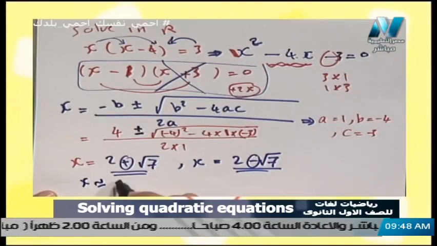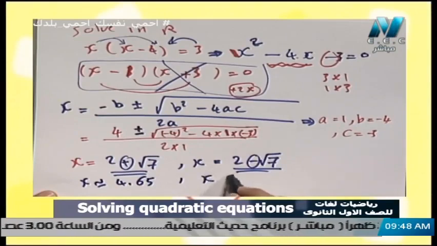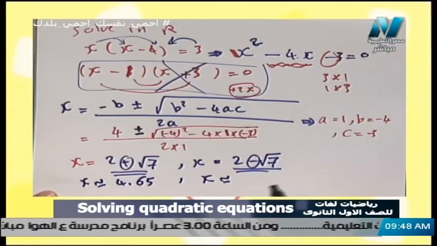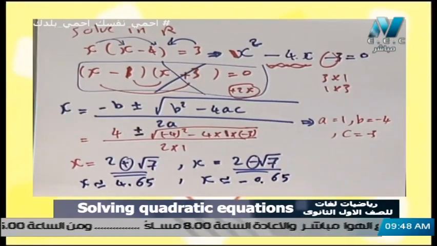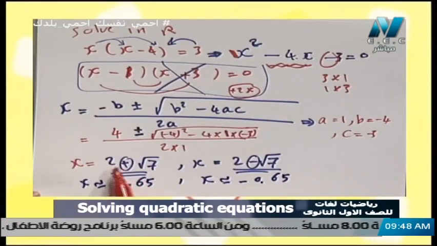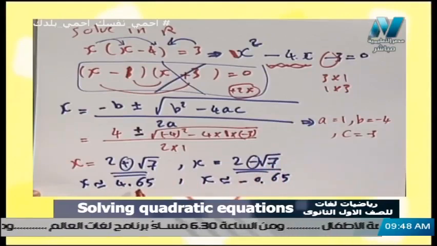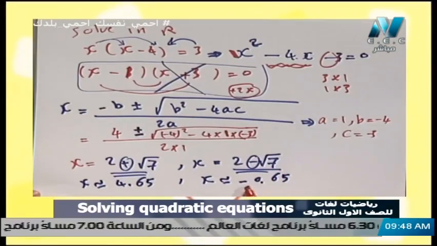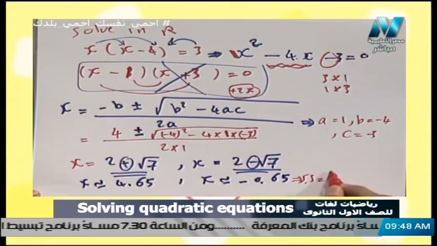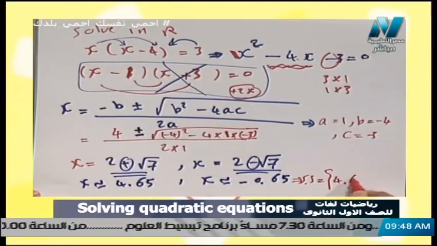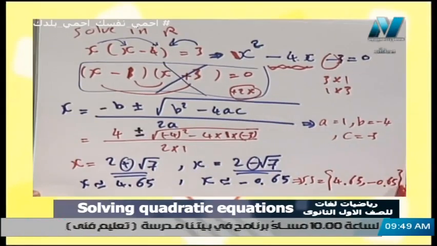It will be approximately 4.65, approximating to two decimals, and here negative 0.65. So our roots, 2 plus root 7 and 2 minus root 7, or 4.65 and negative 0.65, are the solution set here.